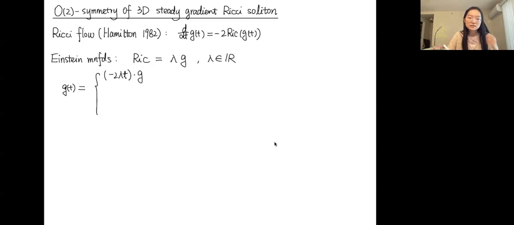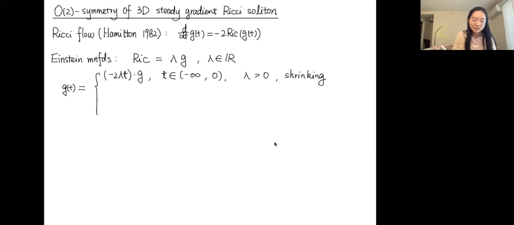If g_t is -2 lambda t times the metric, and t is between -infinity and 0 if lambda is greater than 0, then we can check that this satisfies the Ricci flow equation. Okay, and we can see that the flow is shrinking the metric in this case when lambda is greater than 0.